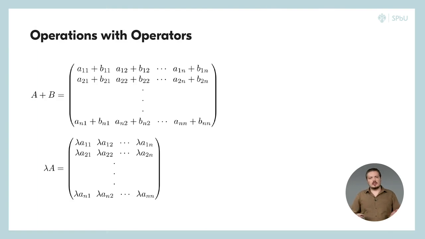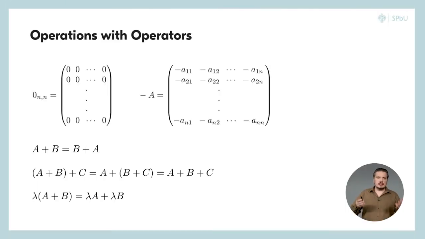In the matrix representation, the matrix of A plus B is a matrix, each component of which is obtained by addition of the corresponding components of A and B. And the matrix lambda A is the matrix of operator A, each component of which is multiplied by lambda. And since we now have addition and multiplication by scalar properly defined, we also must have the special element in this vector space, which is neutral with respect to addition, the zero element, which is represented by the matrix consisting of all zeros.